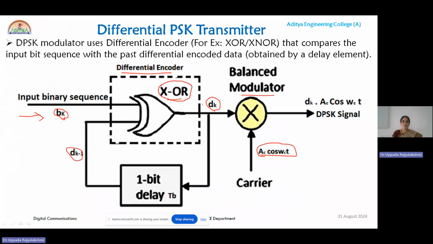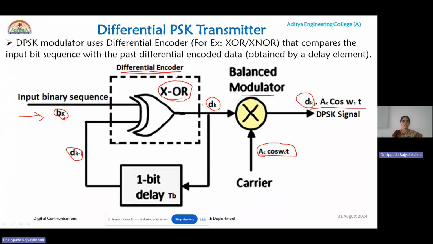If you use an XOR gate at the transmitter section with a delay element, this whole section is called the differential encoder section. This differential encoded data sequence dk is multiplied with the carrier to produce the DPSK signal in the form of dk times Ac cos omega c t. Remember that this dk is also a bipolar NRZ having two levels, plus or minus 1.